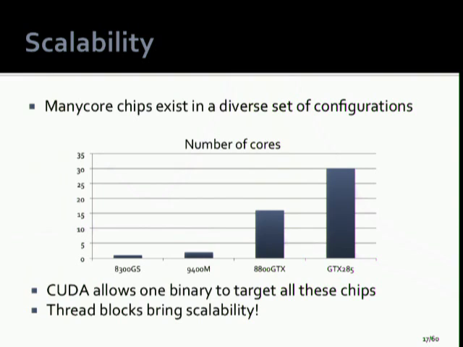Also, the other way, if you write your code that presumes 16 cores and then you run it on something with 50, you can be significantly underutilizing your machine. So CUDA forces you to write scalable programs in the sense that you can't map it directly to the hardware, so you end up with a binary that can run on a variety of hardware. And that's a good thing.